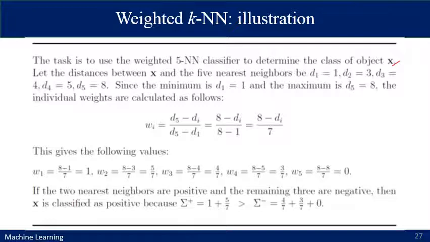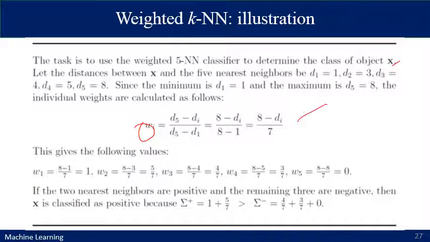Since the minimum distance is d1 and the maximum distance is d5, the individual weights are calculated as follows: you take the difference of each example from the largest distance and then calculate the result for each example.